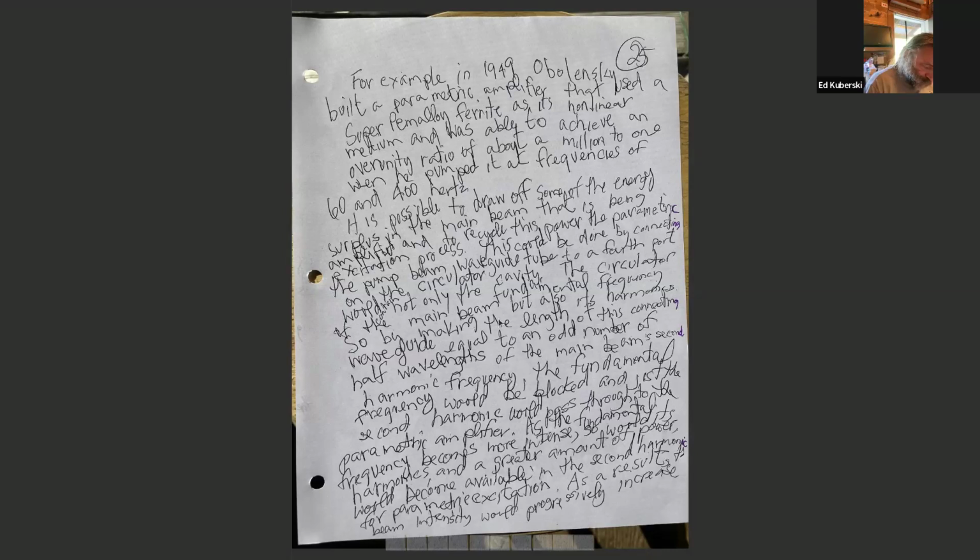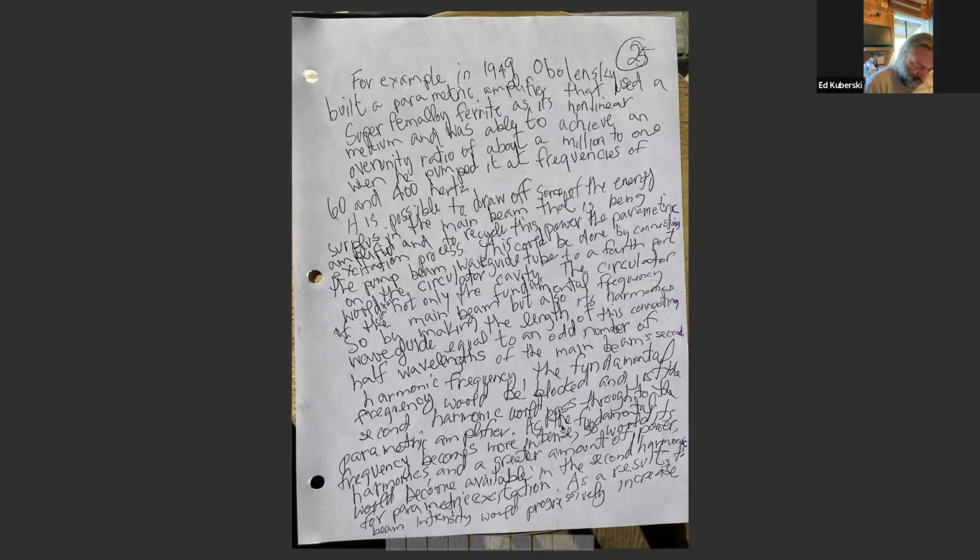So by making the length of this connecting waveguide equal to an odd number of half wavelengths of the main beam's second harmonic frequency, the fundamental frequency would be blocked, and just the second harmonic would pass through to the parametric amplifier.